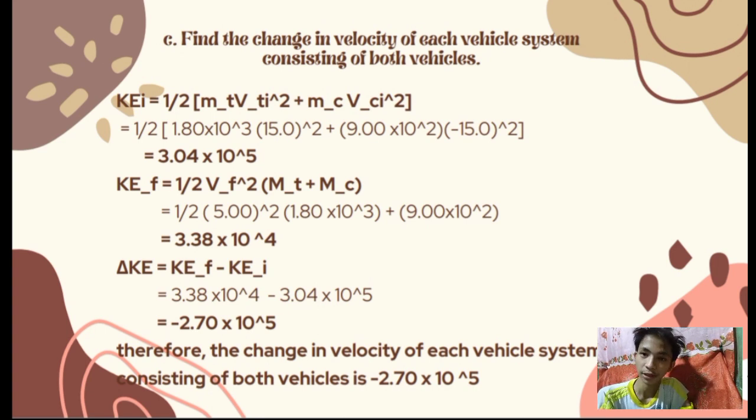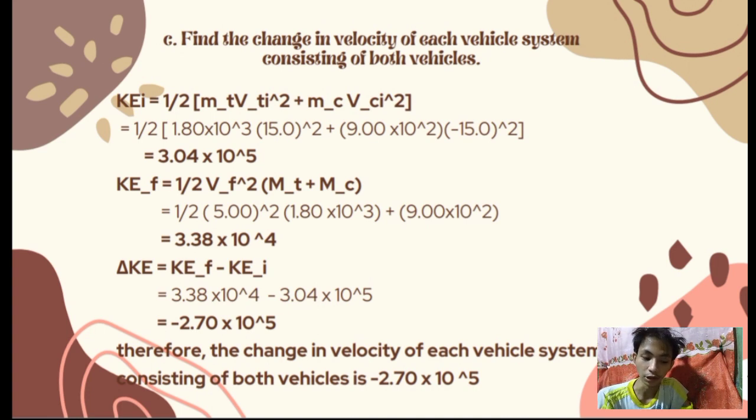So ngayon, substitution the value naman tayo. So 1/2 multiplied by 1.80 times 10^3 multiplied by 15 squared plus 9 times 10^2 multiplied by negative 15 squared. So ang lumabas is 3.04 x 10^5 joules.